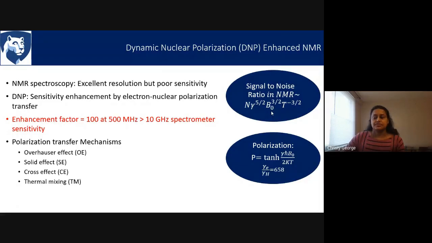Nowadays, magnetic field strengths up to 28 Tesla, corresponding to a proton resonance frequency of 1.2 gigahertz are available. And also there are new pulse sequences that are developed which are more efficient than the older pulse sequences.